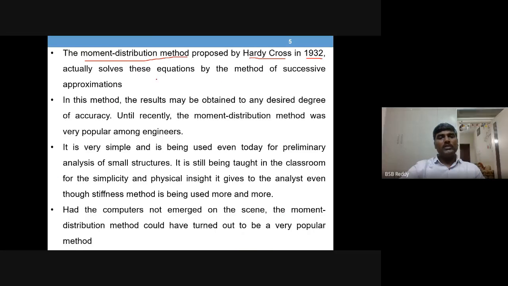So to replace that part of solving simultaneous equations, he proposed the moment distribution method, which is also known as the method of successive approximations. Okay, so this method involves an approximate solution.